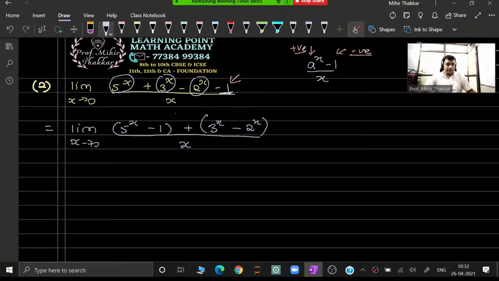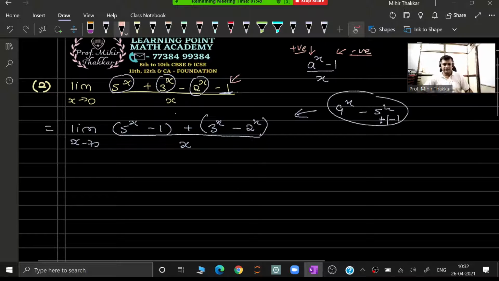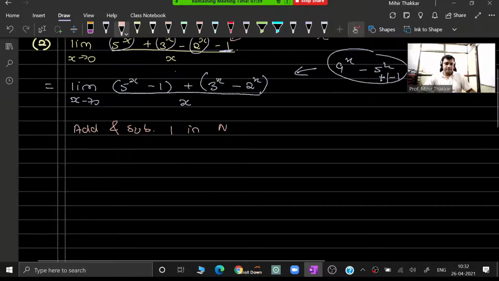For these both elements, they are similar to 9 raised to x minus 5 raised to x of the previous question. What did we do? We just added and subtracted 1 over there. So do the same thing over here also guys, we don't have to do anything new in this case. I will say over here, add and subtract 1 in the numerator.